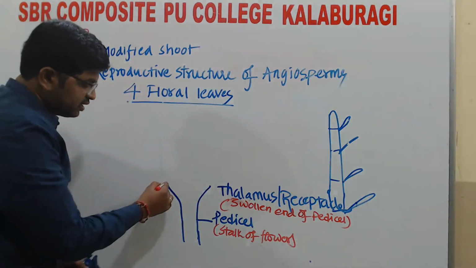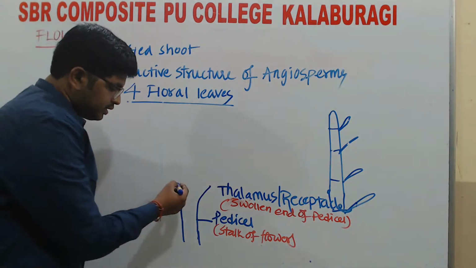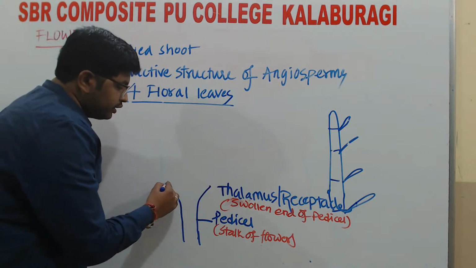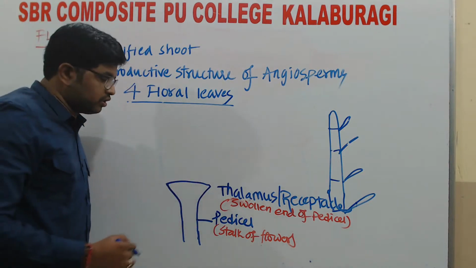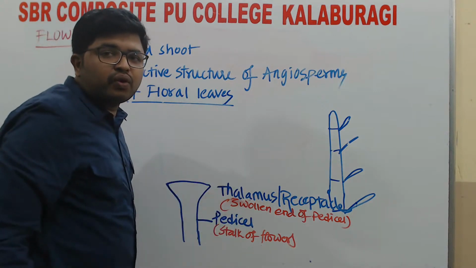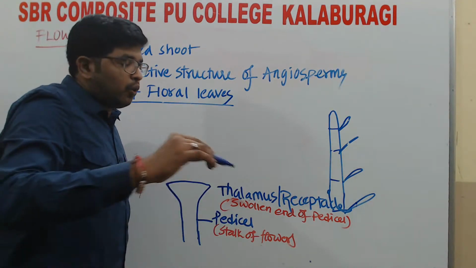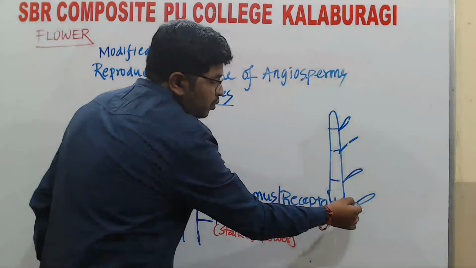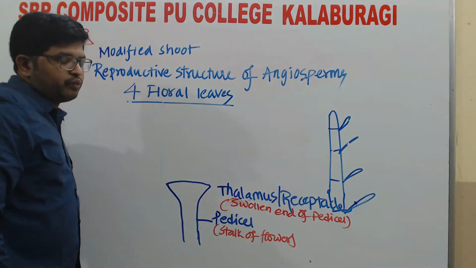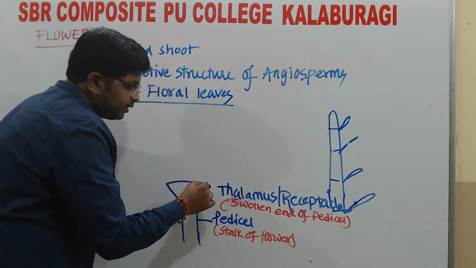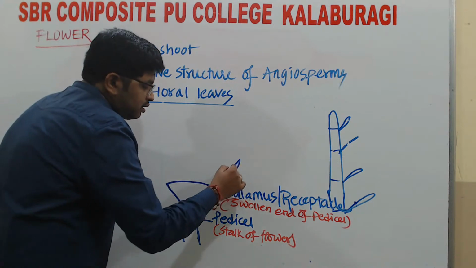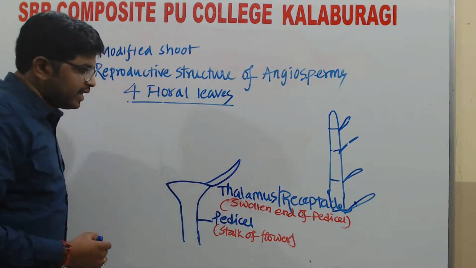Okay. Now, on the thalamus or receptacle, you are going to observe all these four floral leaves arranged one by one. The exterior whorl is the calyx.